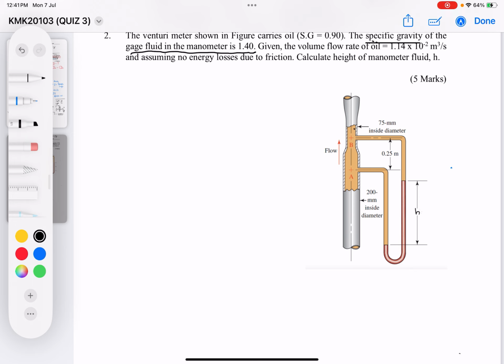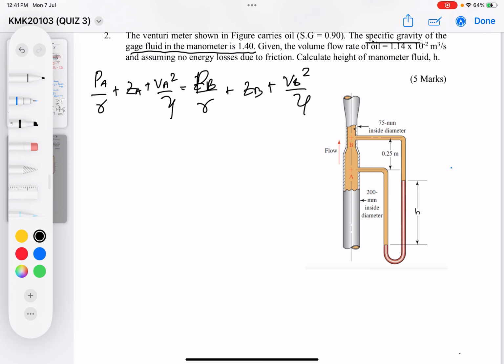They first started with the Bernoulli's equation, something like this, and then they solved for PA minus PB, just like I showed you before.